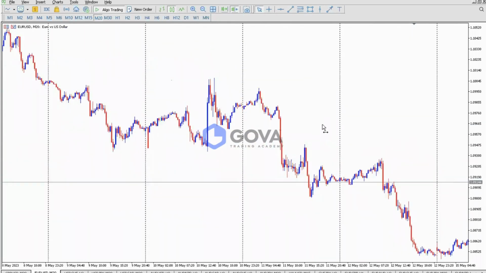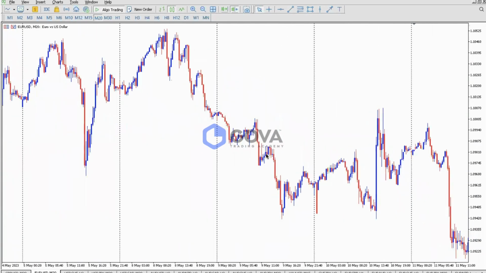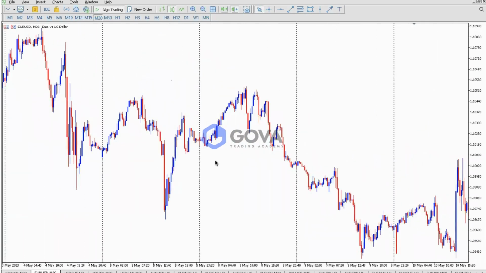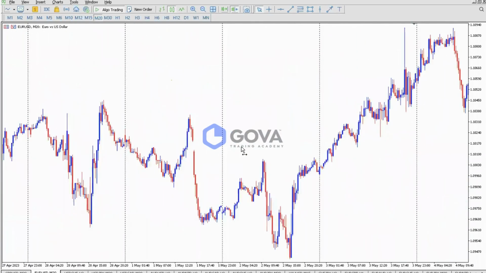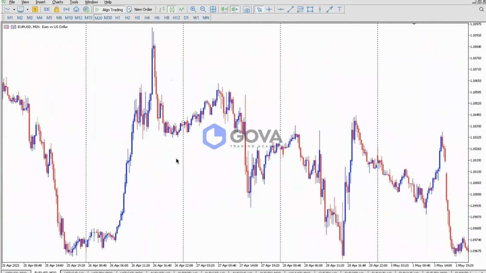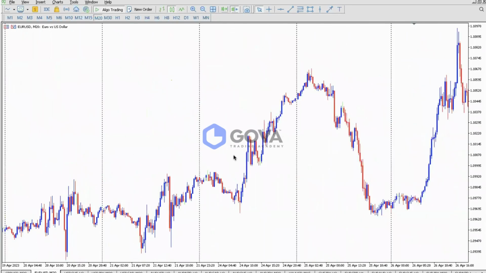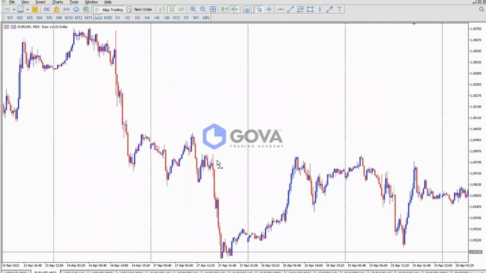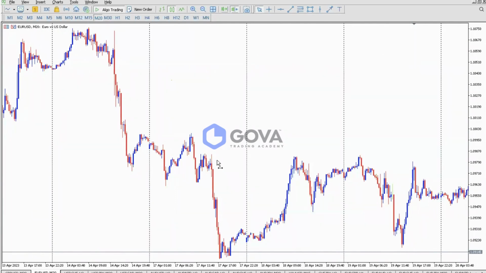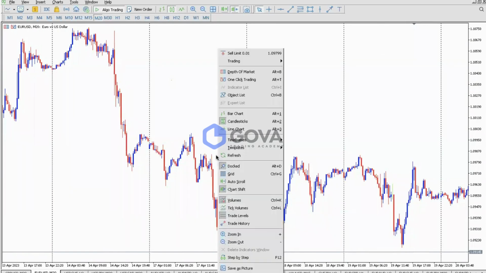I'm trying to look for a very good example so that you understand what I'm talking about. I don't want to complicate it for you, okay? All right, I think I've seen an example I can use.